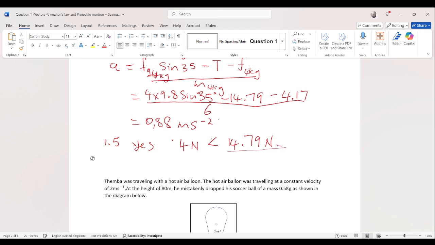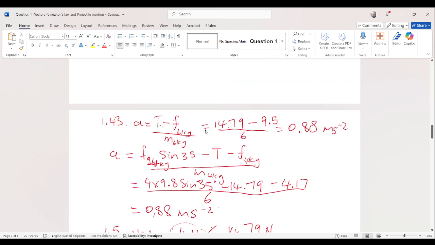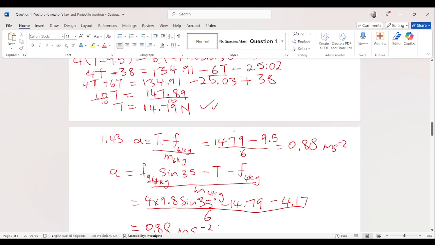This is the tension that we calculated, and this is the allowable. Then you get all the marks. That's all they need. Yes, it will break. Will it break? Yes, it will, because the calculated tension is greater than the allowed.